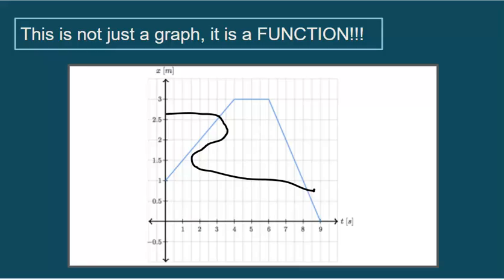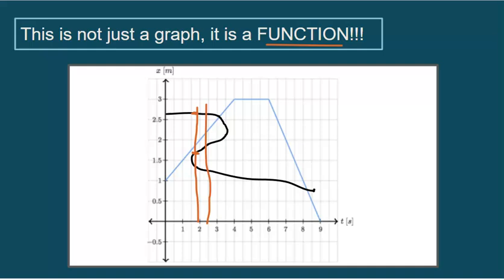It would mean that the object was in two locations, a little bit above 2.5 and whatever that is, 1.6, at the same time. It's in two locations, three locations at the same time. So that's physically impossible. So when we say it's a function, that's what we mean. That's why it makes sense from physics.